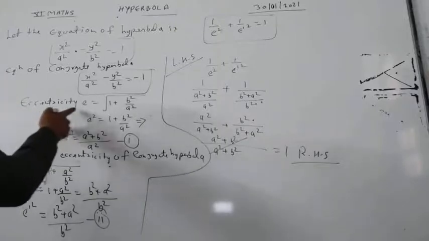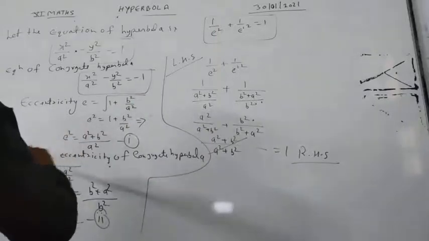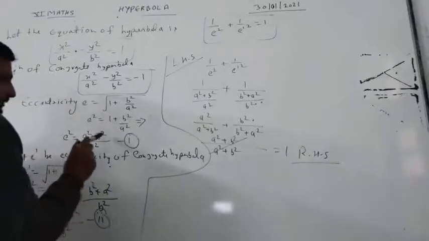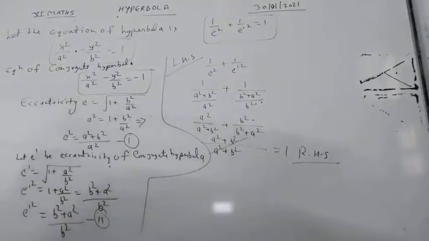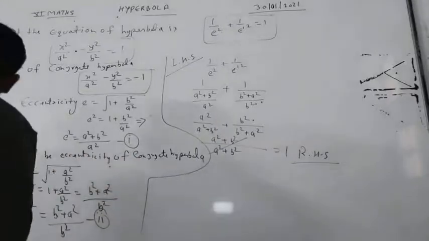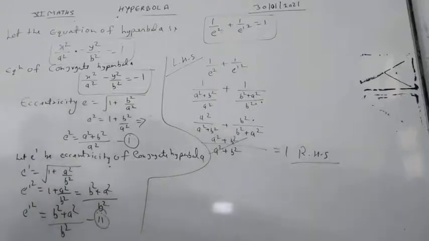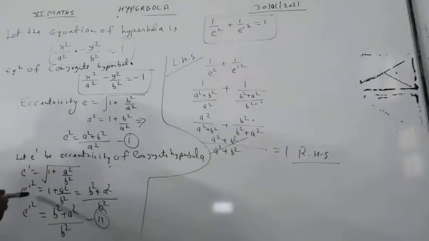So student, its eccentricity will be what? Under root 1 plus b square by a square, so e square is equal to a square plus b square by a square. Equation first, student. And let e dash be the eccentricity of the conjugate hyperbola. So e dash is equal to under root 1 plus a square by b square. So from here we are calculating e dash square is 1 plus a square by b square.